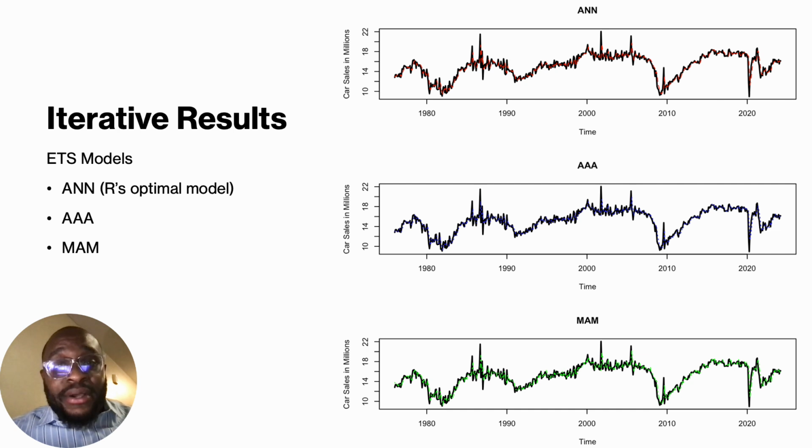This is because R uses AIC as a performance metric, which balances complexity with goodness of fit. So we chose based off of the trend and seasonal components of our data. We selected different models, AAA and MAM, to see how they fare against R's optimal model, and we'll look at the results in the coming slides.